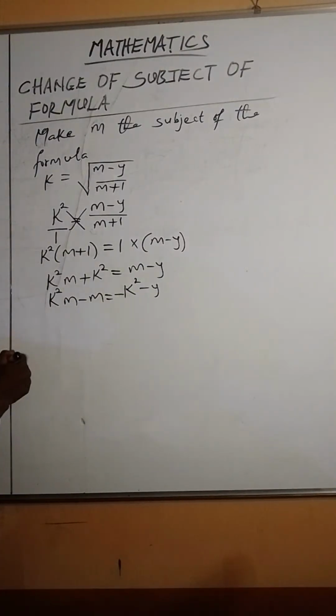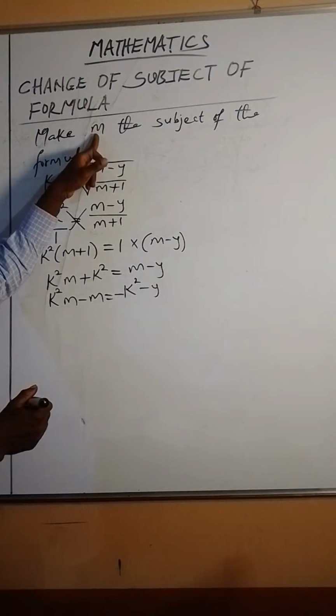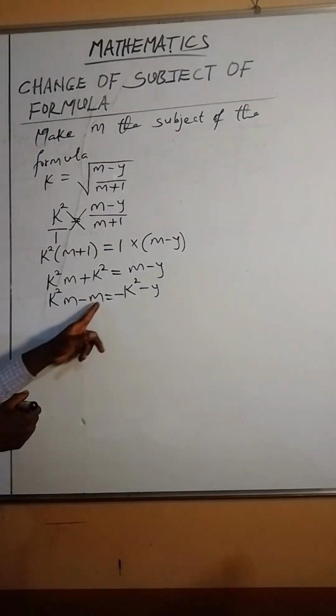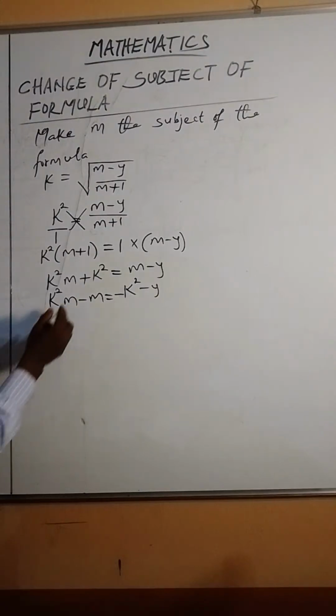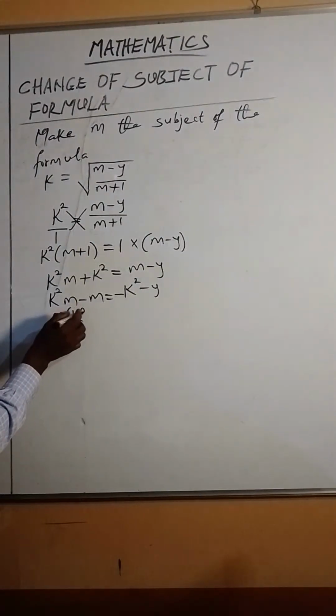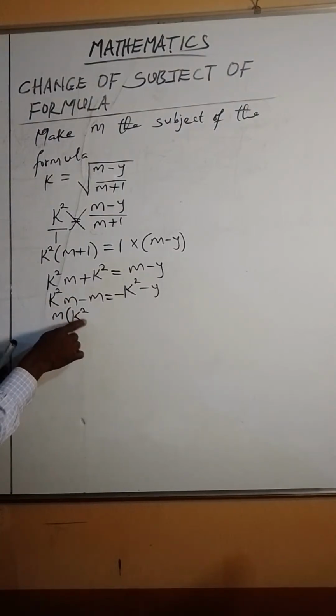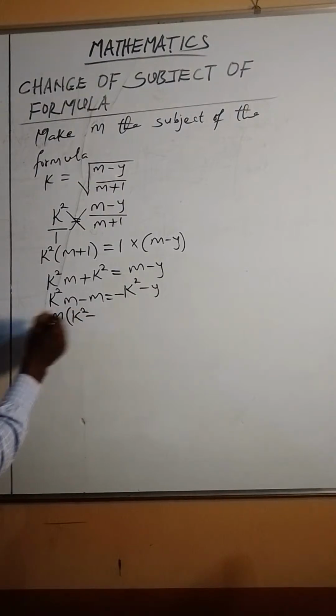Remember, we are here to make m the subject of formula, so always take note, which means we can factorize m since m is common at the left-hand side. We have m here, then k square will be left here. If you use m to divide k square m, you'll be left with k square inside the bracket minus.